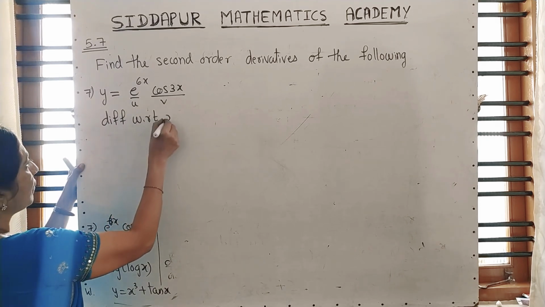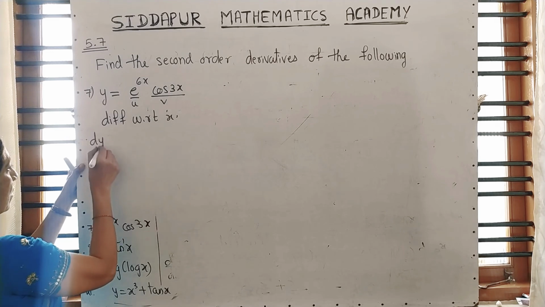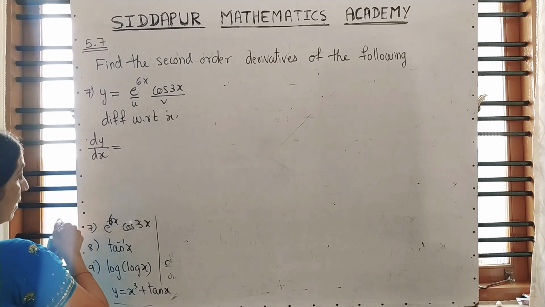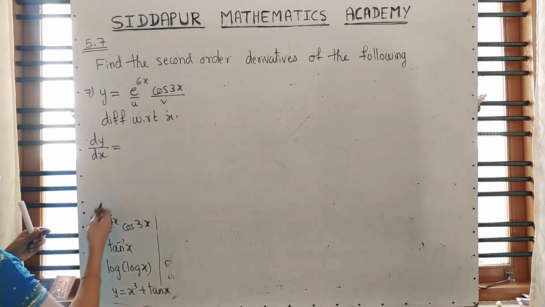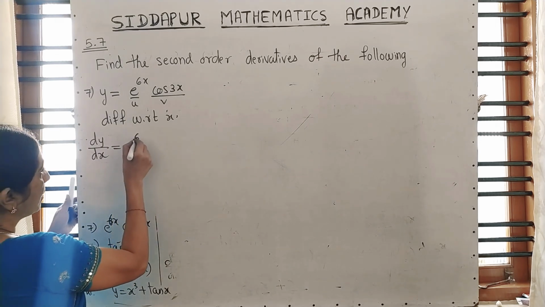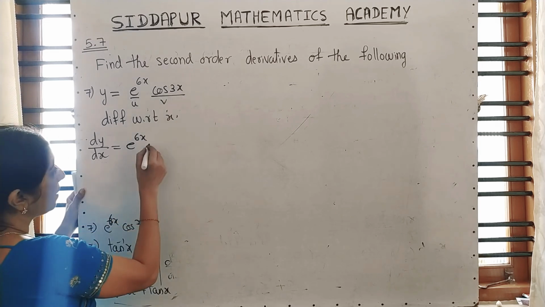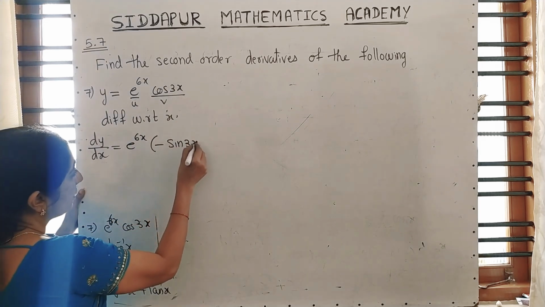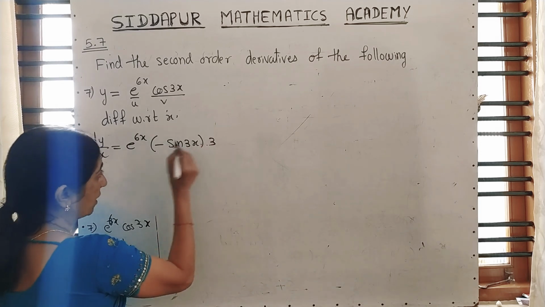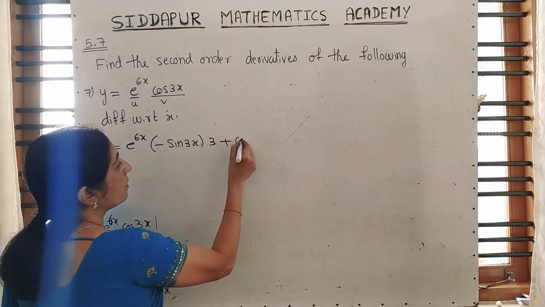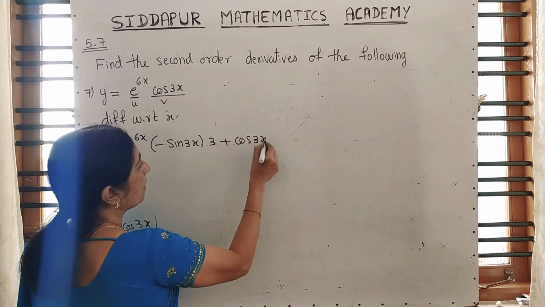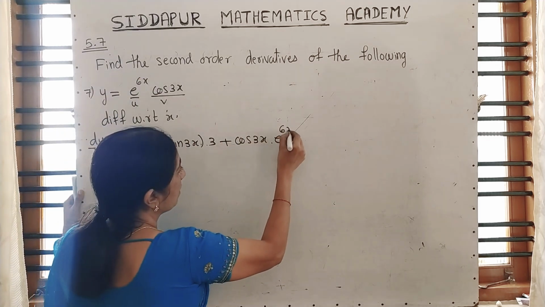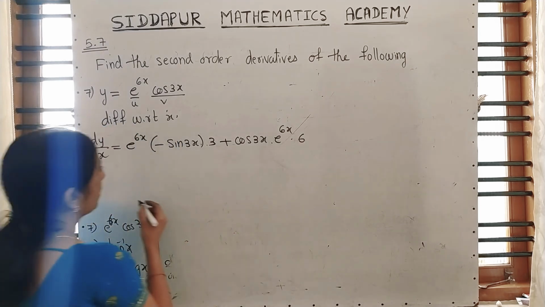Differentiating with respect to x. dy upon dx is equal to, now I will write the answer steps directly. e raised to 6x as it is, differentiation of cos 3x is minus sin 3x into 3, plus cos 3x as it is, differentiation of e raised to 6x is e raised to 6x into 6.